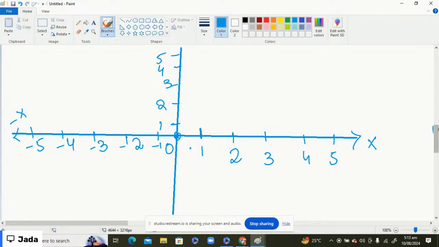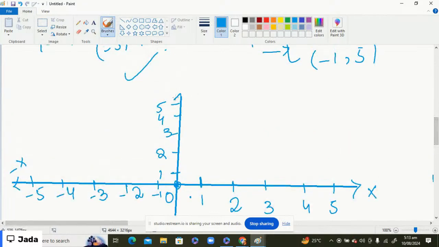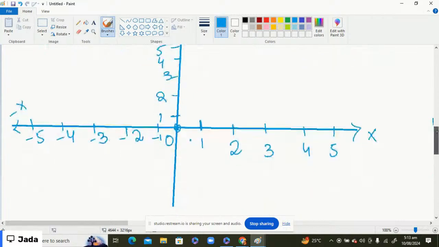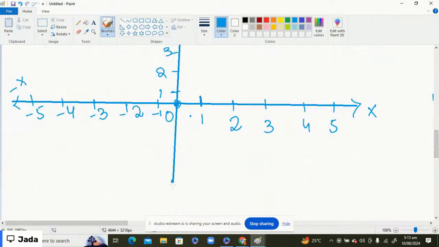Okay, this is for y, and now for the negative y. The proper line, negative 1, negative 2, negative 3, negative 4 and negative 5.